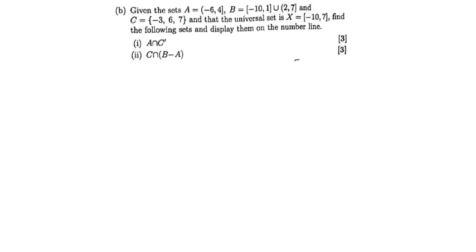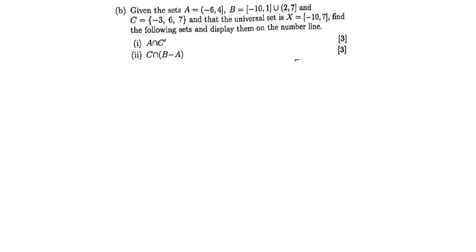Alright, so we've got an interesting question on sets. Before I saw this kind of question, I used to picture it, imagine it, because this is a mixture of interval notation and also roster form.